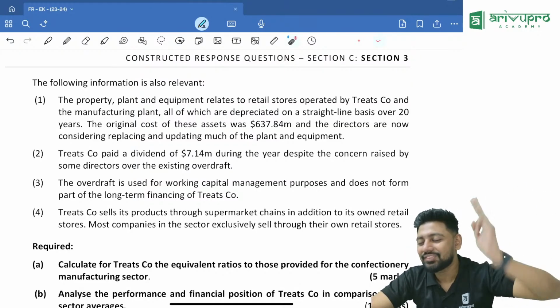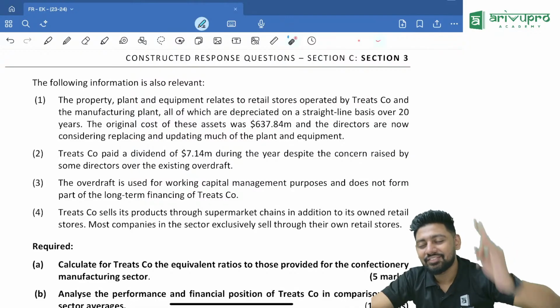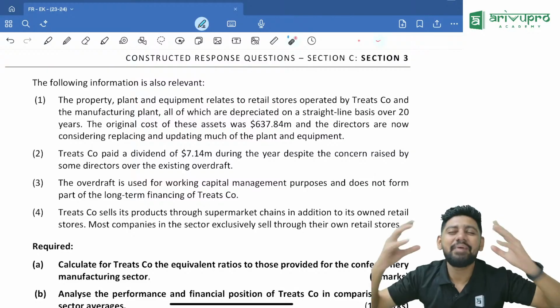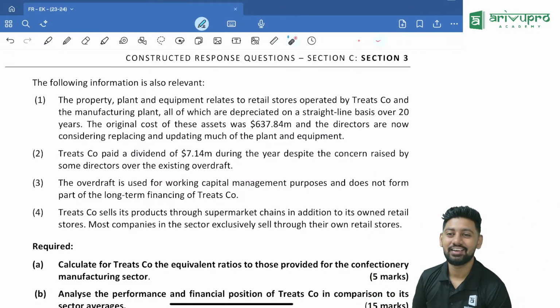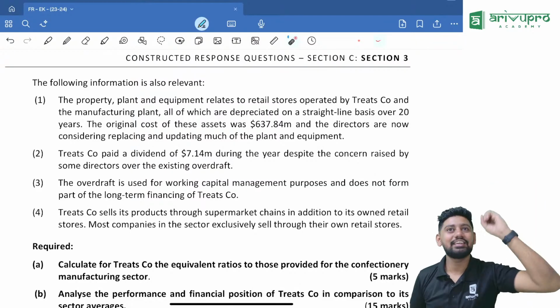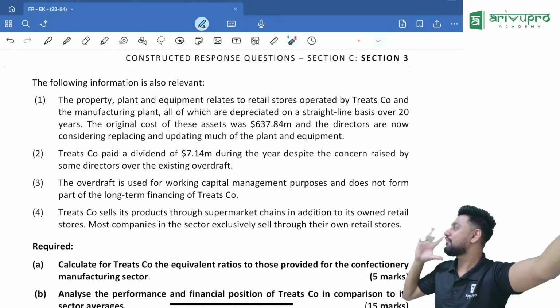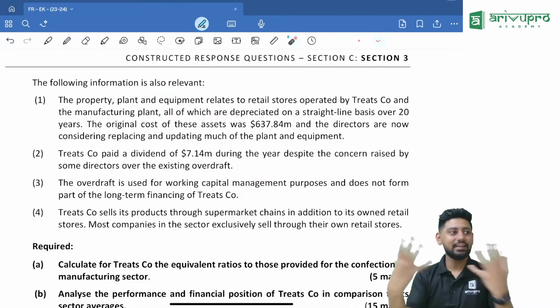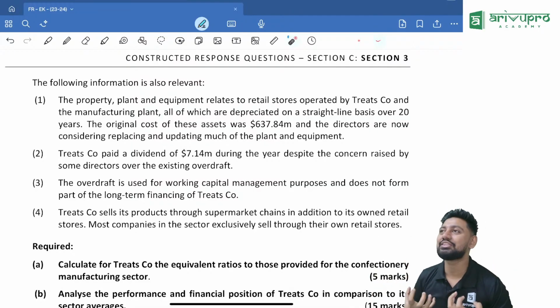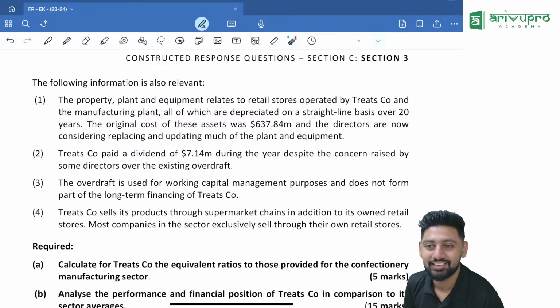We are not able to compete. Our comparison itself is not proper. My sector is doing retail sales and I am doing both, so the comparison is not proper.